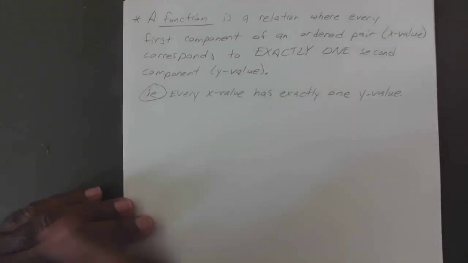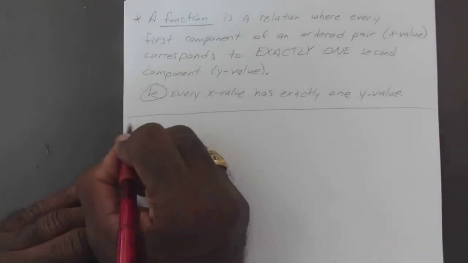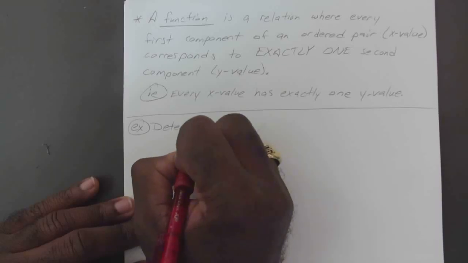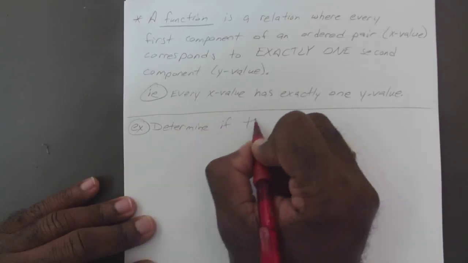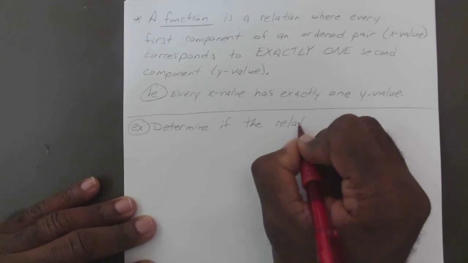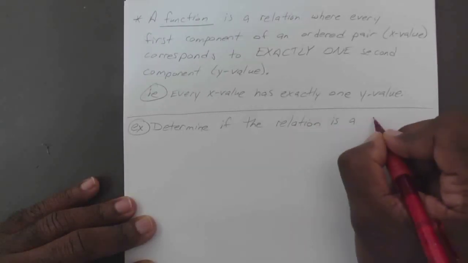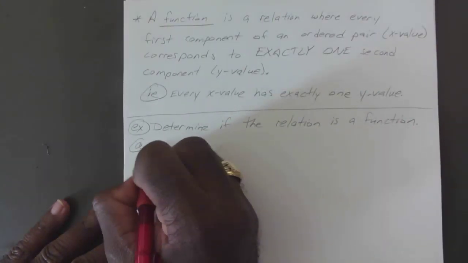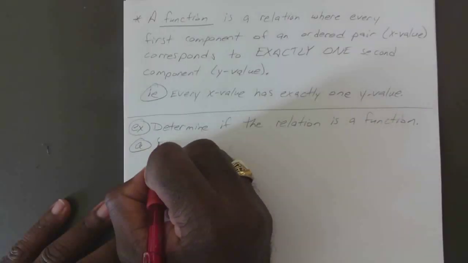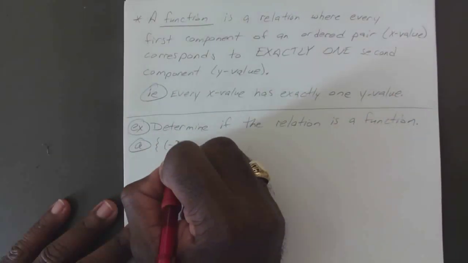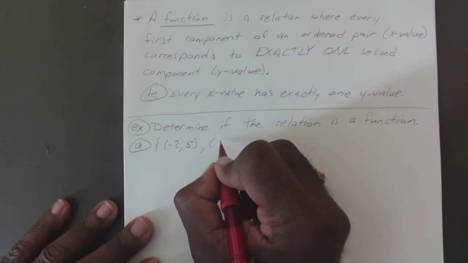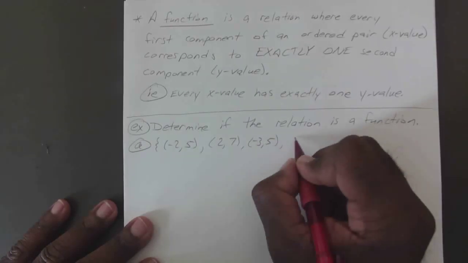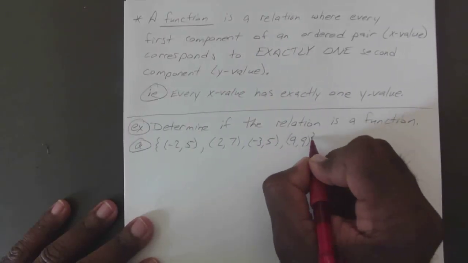Okay, so let's say, for example, if you wanted to determine if the relation is a function. And let's say for problem A, we have the set of (-2, 5), (2, 7), (-3, 5), and the ordered pair (9, 9).